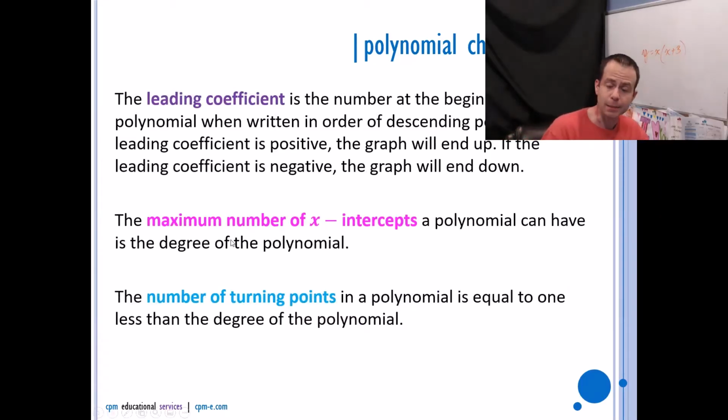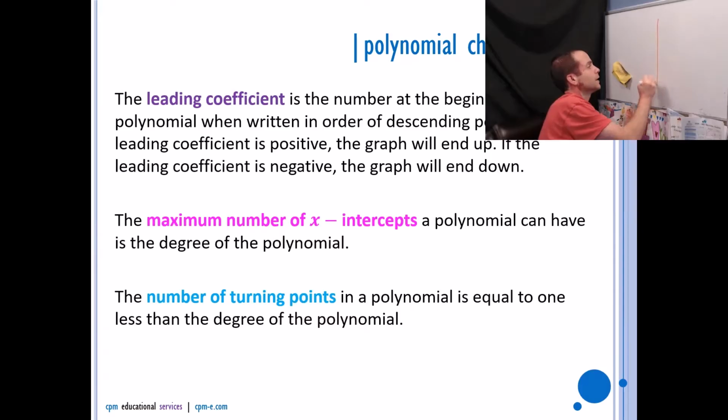The maximum number of x-intercepts a polynomial can have is the degree of the polynomial. So like for instance, a degree 3, I can get 3 x-intercepts out of that, okay? It might look like this. And I can see 1, 2, 3 x-intercepts there. Okay, now it's the maximum because I don't have to have 3 x-intercepts, okay?